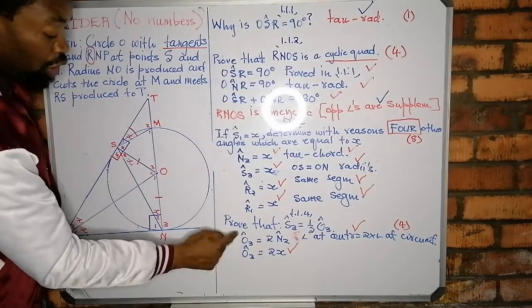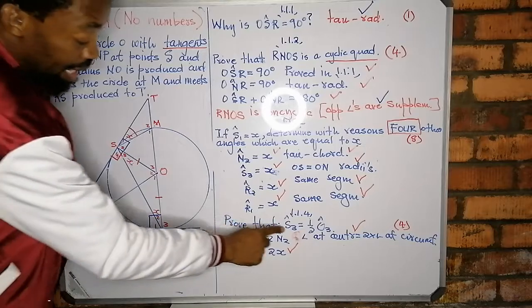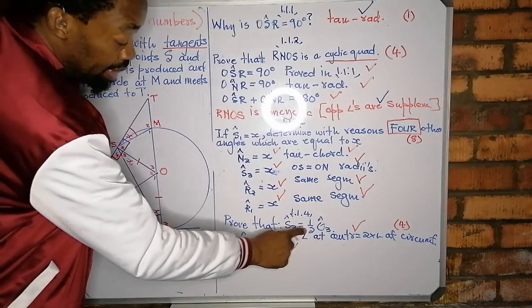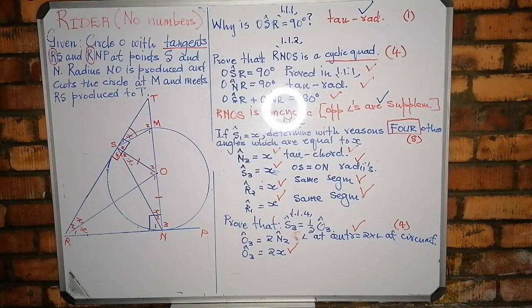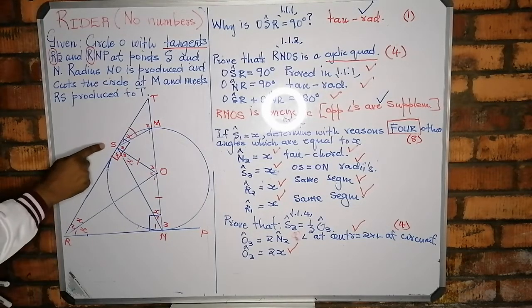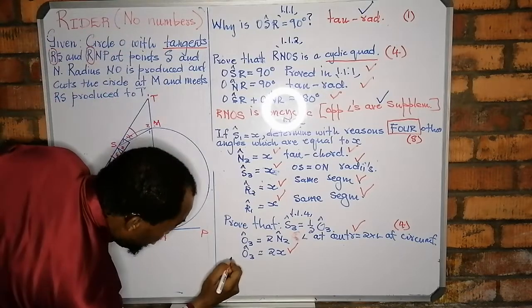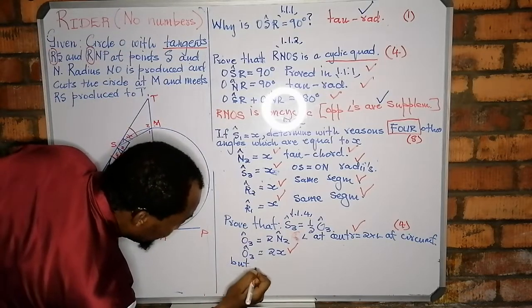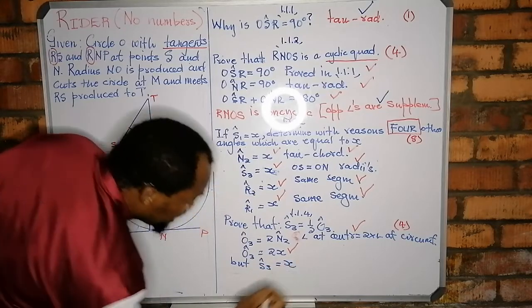Now, this is following from this. I want to show that angle S3 is equals to half angle O3. What is angle S3? But angle S3 is equals to x.